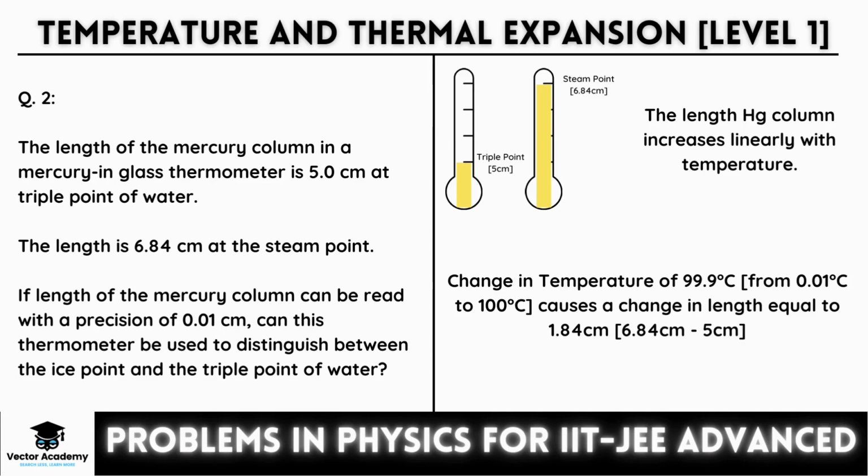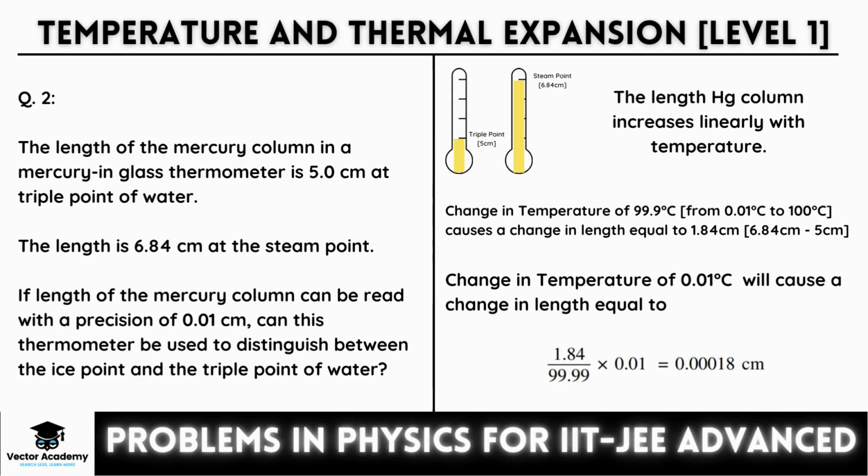Change in temperature of 99.9 degrees Celsius from 0.01 degrees Celsius to 100 degrees Celsius causes a change in length equal to 1.84 cm. That is 6.84 cm minus 5 cm.